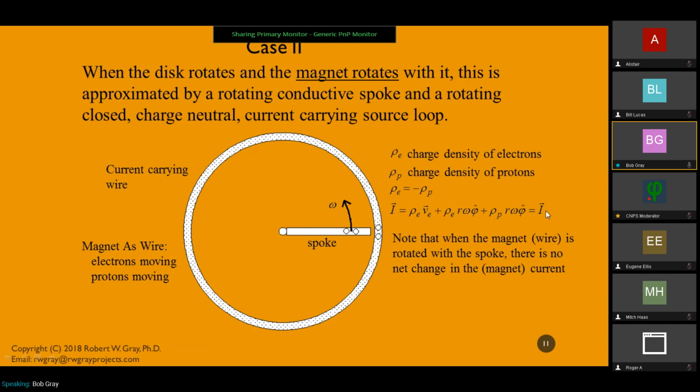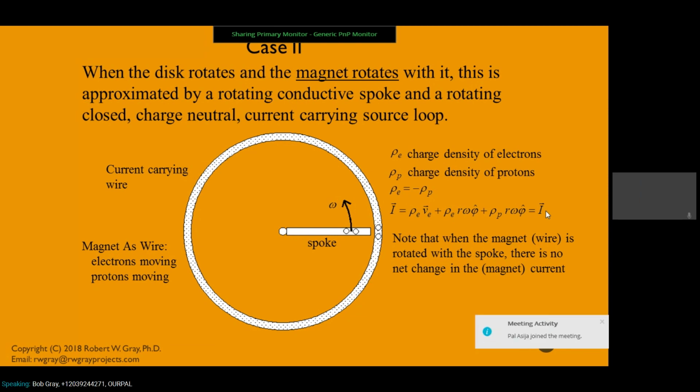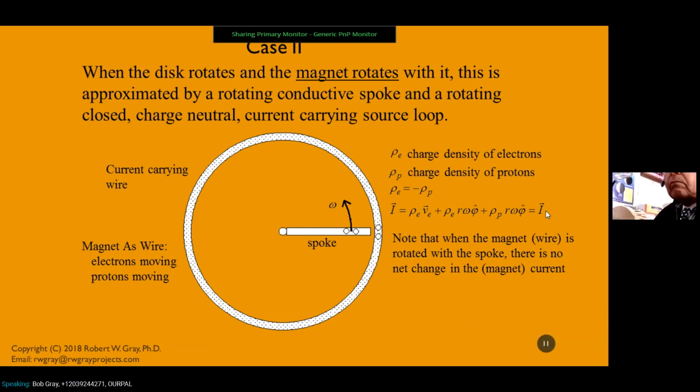And so they cancel out and you're left with the same current magnitude, regardless if the magnet wire is rotating or not. And that's why rotating the magnet with the disk produces the same result as the disk rotating and the magnet not rotating.